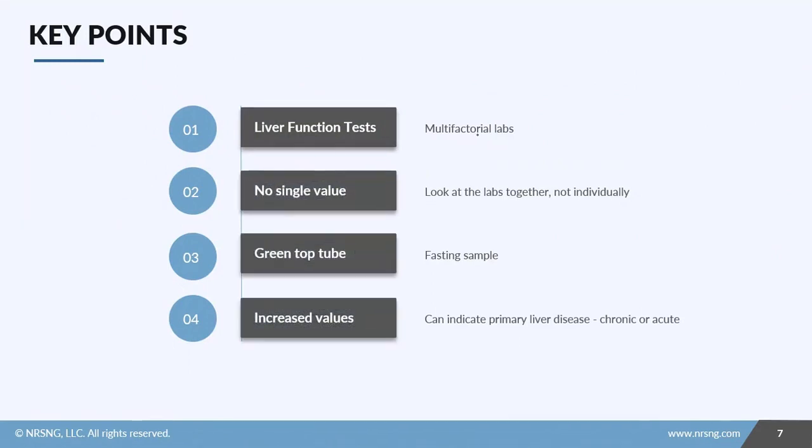First, remember that there are lots of components to these liver function tests. Increases in single numbers do not particularly indicate liver disease. What you need to do is look at them all together. You're going to submit them in a green top tube and make sure that your patient is fasting. Also, increased values can indicate primary liver disease, and that could be chronic or acute, but you want to look at all of those values together.